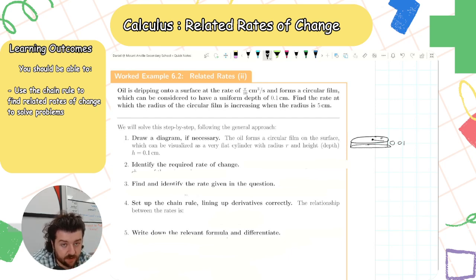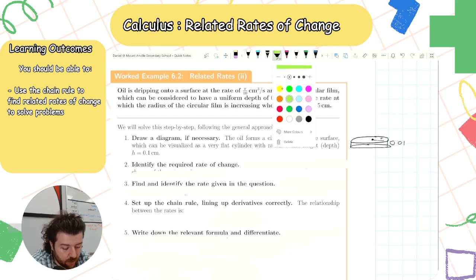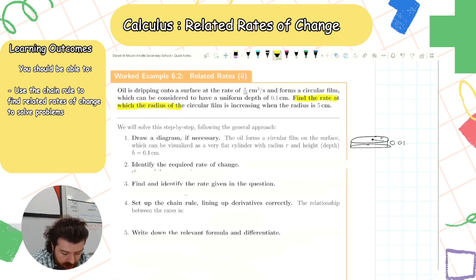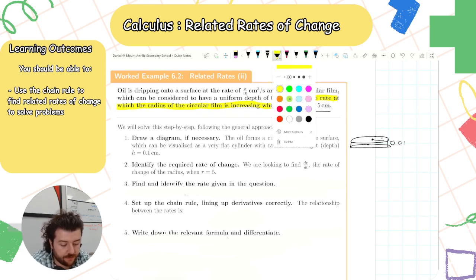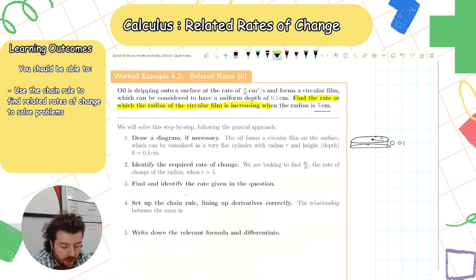So we need to identify the required rate of change. If I go through my question here, it asks me to find the rate at which the radius of the circular film is increasing. So I'm looking for dr/dt when r is equal to 5. Now let's scan through the question and find any rates given.